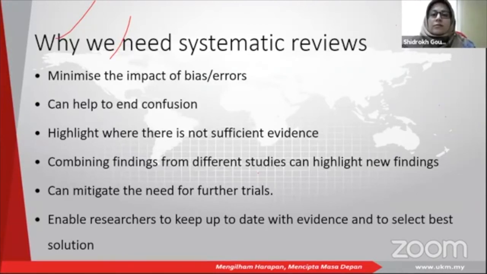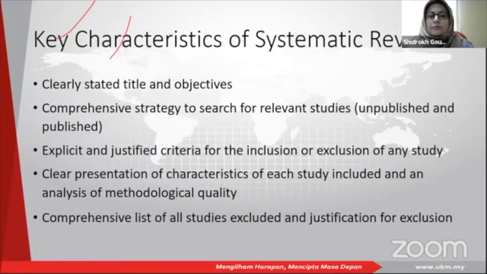The key characteristics of a systematic review are, first, to clearly define your topic and objectives, because we should focus on our scope, and we should limit our scope.